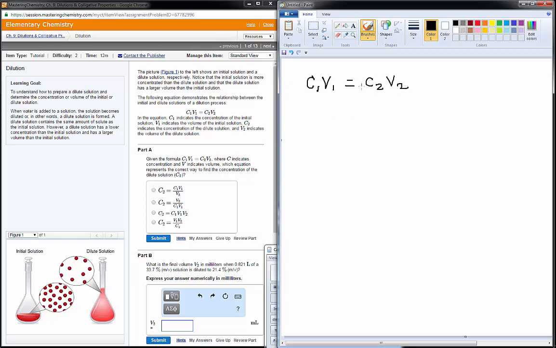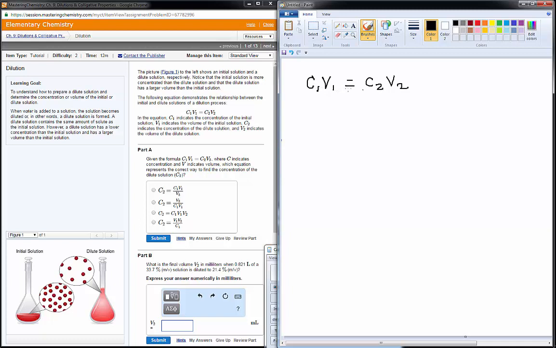And this actually works with a variety of different concentration units. So whether I'm using molarity or percentages or something else, I can use this equation, which is why it's given as C for concentration and not, say, M for molarity, because this equation has a broader application than just molarity.